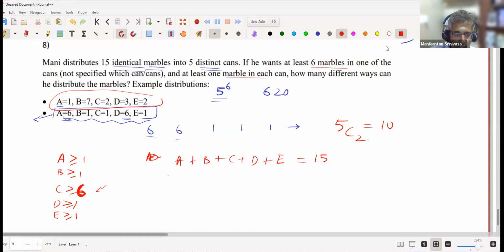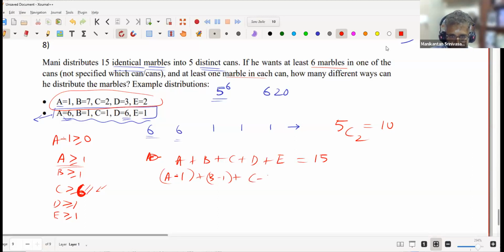Now A is greater than or equal to 1, which means A minus 1 is greater than or equal to 0. So A minus 1 plus B minus 1 plus C minus 6 plus D minus 1 plus E minus 1 is equal to 15, correct?